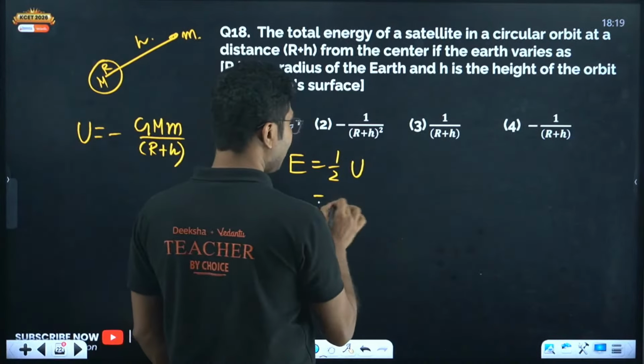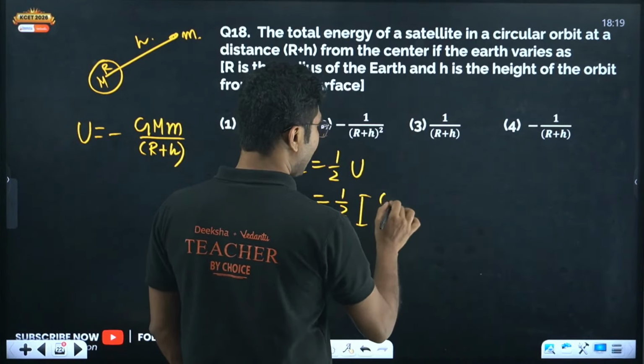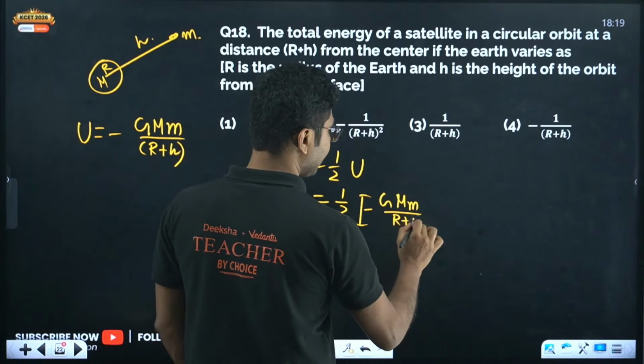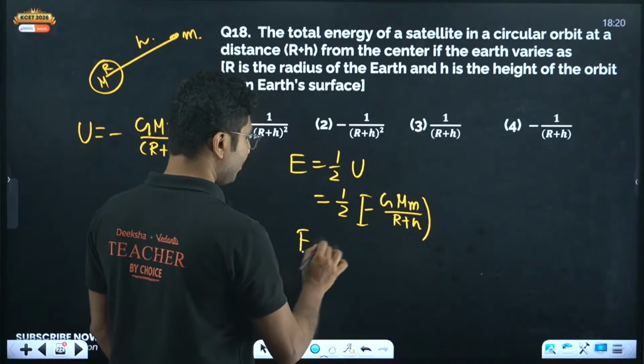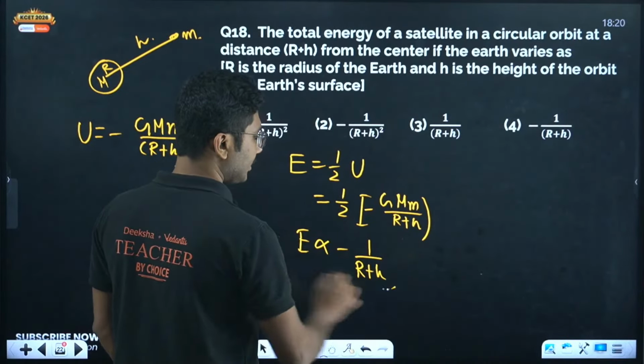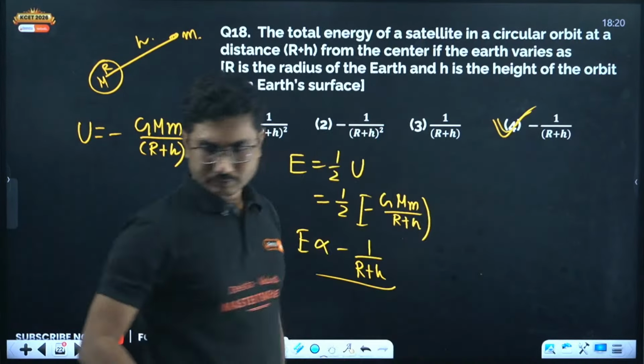I told this to those who attended my yesterday's lecture. So it will be minus GMm by 2(R plus h). That means total energy is proportional to minus 1 by R plus h. So the correct answer is option 4.